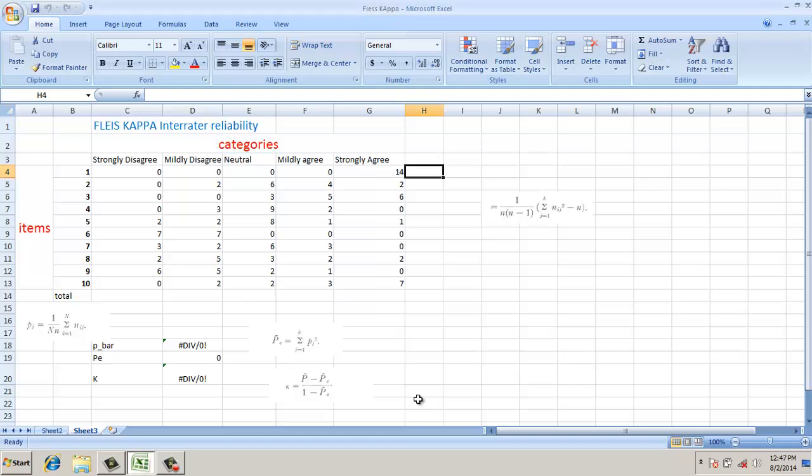Now we will be calculating it in rows, and there is a formula for doing it. Basically, we square each term. I'll put up the formula here.